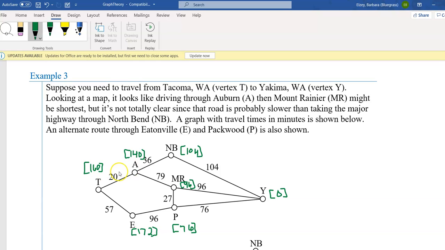So really, if we think about what led to that 160, here's the path that we would want to take to get the shortest route: 104 minutes plus 36 minutes plus 20 minutes. And Dijkstra's algorithm leads us always to the optimal, or the shortest distance, or the shortest amount of time in this case, that we might need to follow.